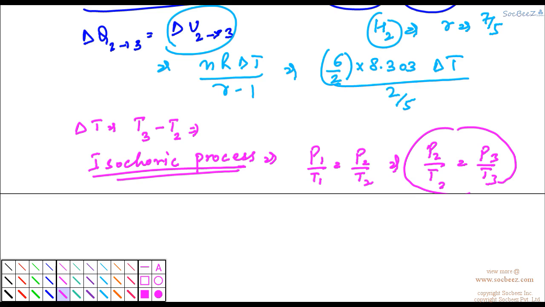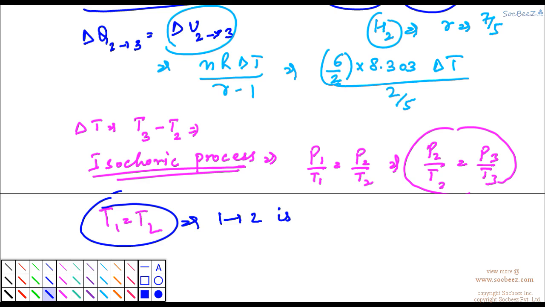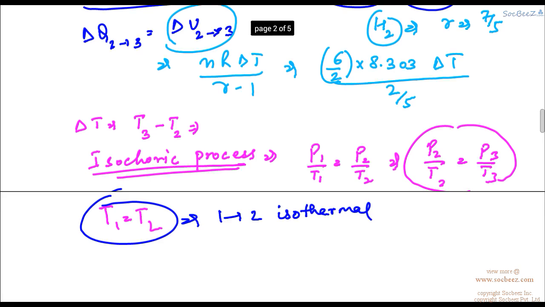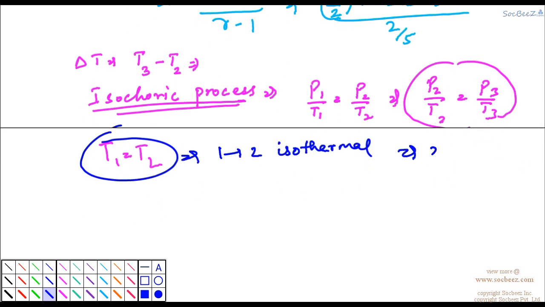And to find the temperature at the second position is quite straightforward, right? Why? Because T1 was equals to T2. This was because 1, 2 was isothermal. So at the second point, the temperature would be same, which is nothing but the value as 273 kelvins. For 1, 2, the pressure had remained constant. The temperature had remained constant.